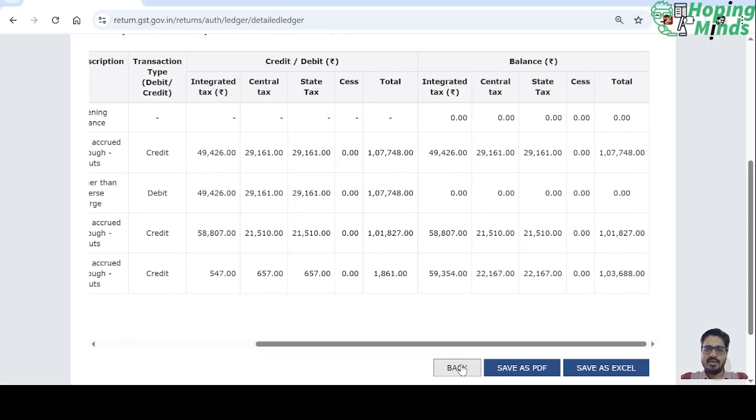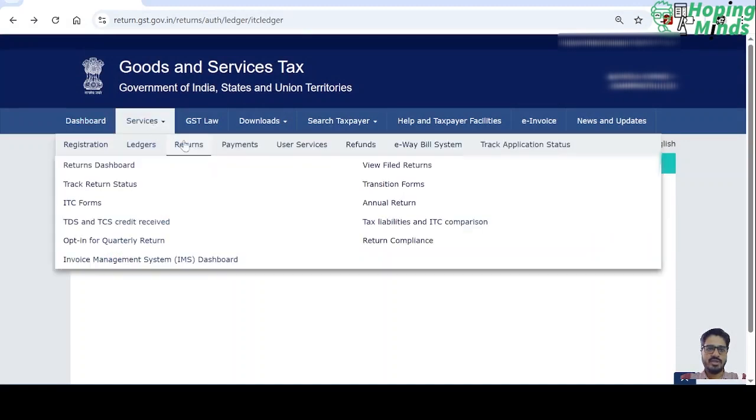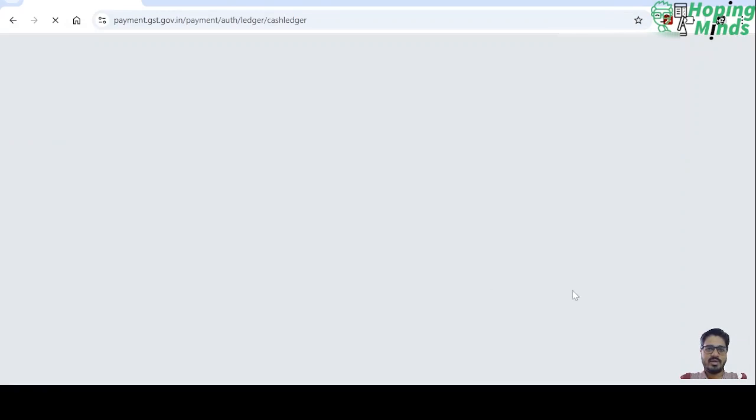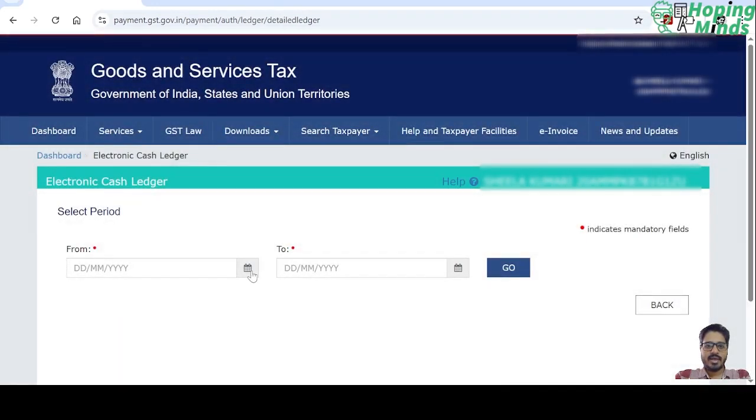And now let us see the cash ledger. Again, we have to go to services, ledgers, and electronic cash ledger. So here's the electronic cash ledger. Again, here also we have to select the period.